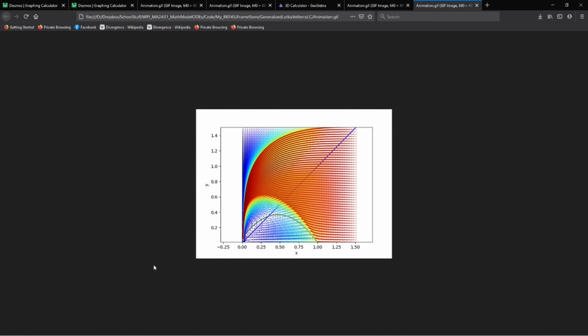The equilibrium point bifurcates and goes from being asymptotically stable to unstable, and thus we get by the Poincare-Bendixson Theorem the appearance of this limit cycle. So this is very incredible, and what's even more incredible in my mind is the fact that we can definitively understand this mathematically with what's going on here.